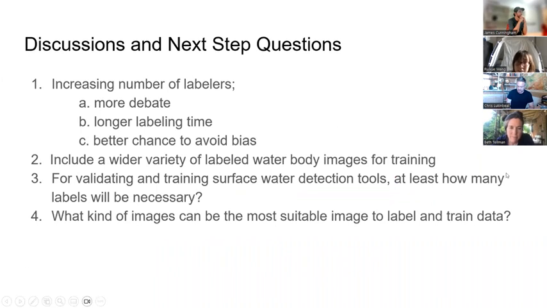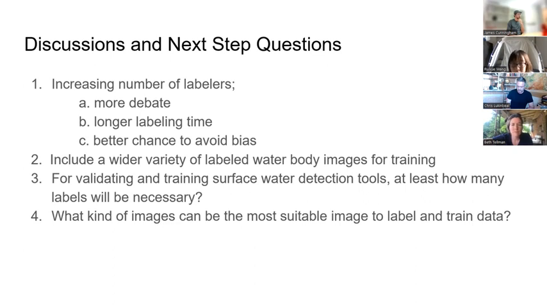Here is the discussion and our next step questions. The first thing I will discuss is that it's important to increase the number of labelers. This time, because our time was limited, I was the only labeler for this project.